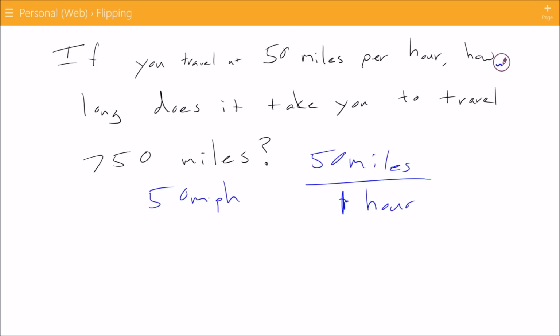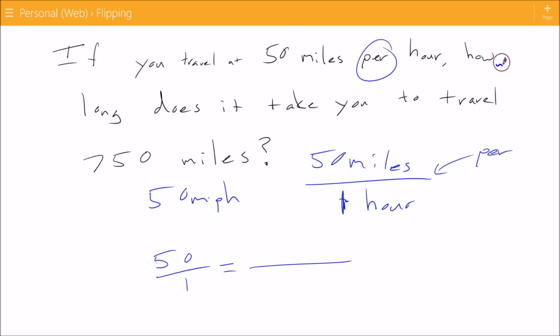Any time that you hear this per, that should signify that you've got a fraction you can set up as that. 50 miles, the line of division is per hour. So I have a ratio of 50 over 1 equals 750 miles.